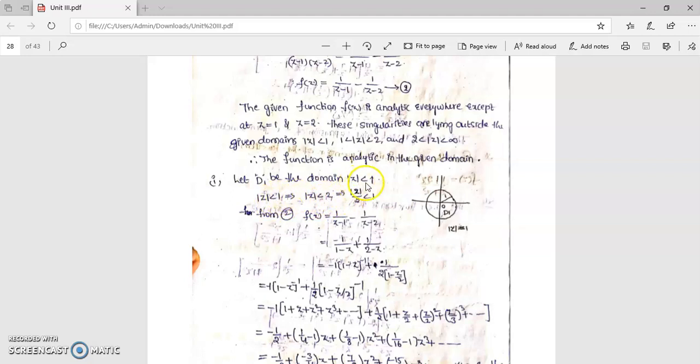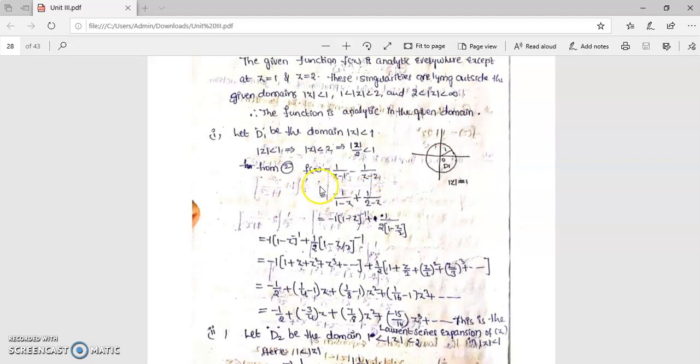Therefore, mod z less than 1, and mod z by 2 is also less than 1. In f(z) = 1/(z-1) - 1/(z-2), since mod z is less than 1, we should write it in the form 1 - z.